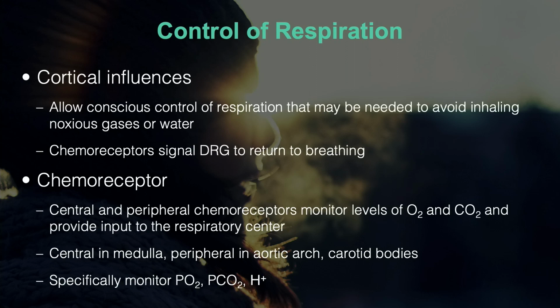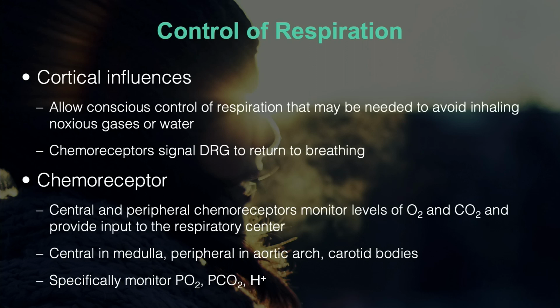We are trying to maintain appropriate levels of these gases in the blood. Adequate oxygen saturation. We don't want too much CO2. And by association, through the carbonic anhydrase reaction, we don't want too high a hydrogen ion concentration floating around.